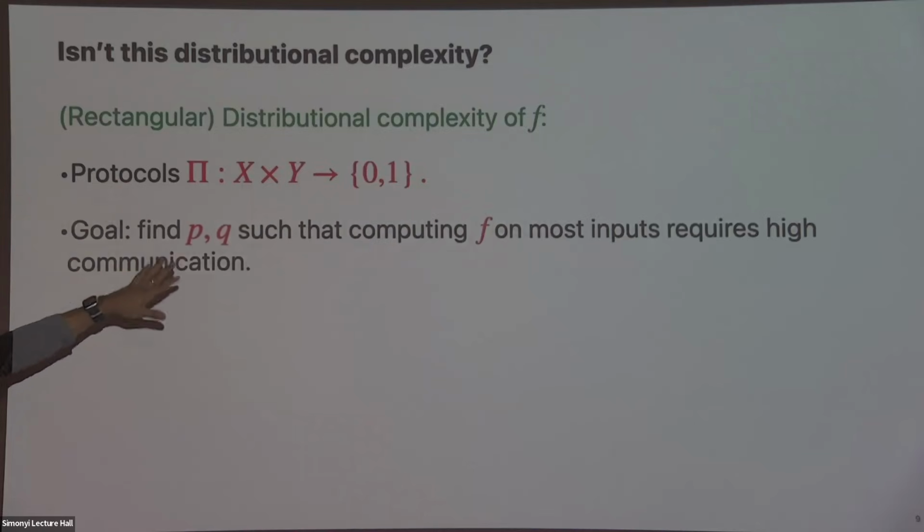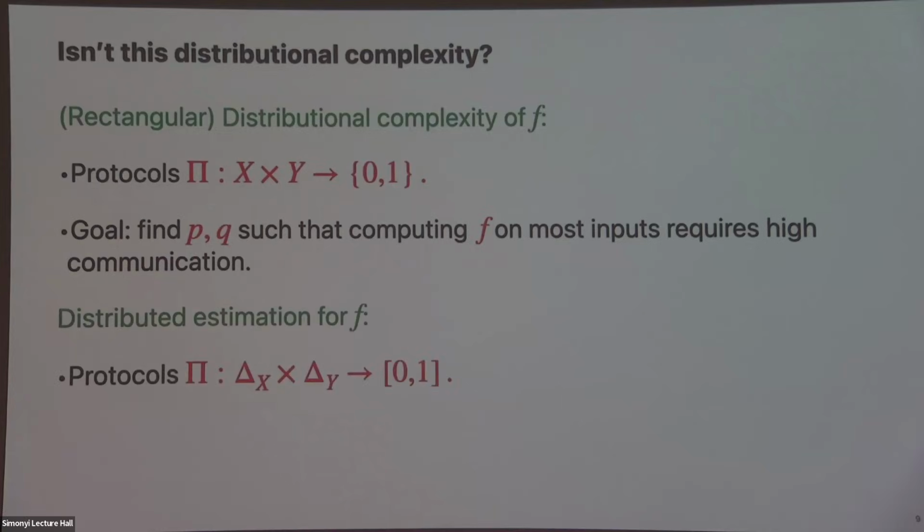So distributional complexity, just to be very quick, it's back in Yao's two-party model. You're fundamentally thinking of protocols which take X and Y as inputs, and they give you an answer, right? And then we're trying to come up with a hard distribution on inputs where any protocol will require a lot of communication. When you move to distributed estimation, the type of your protocols changes.